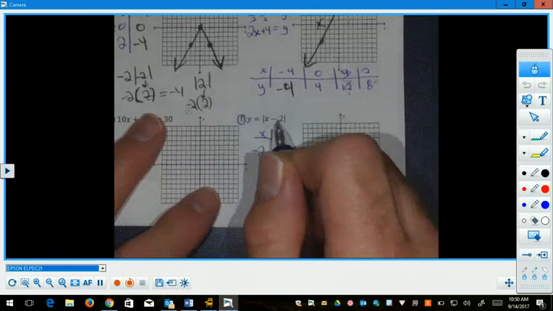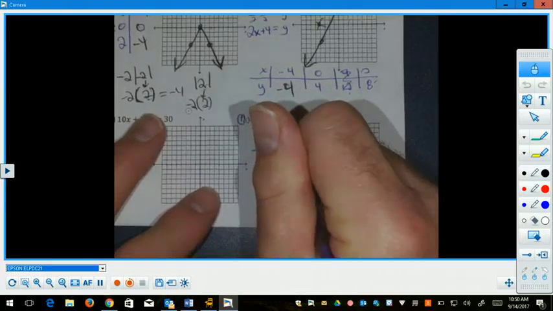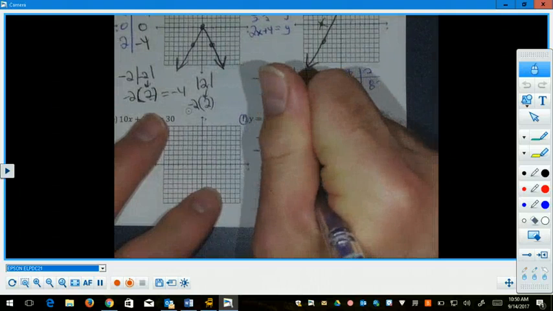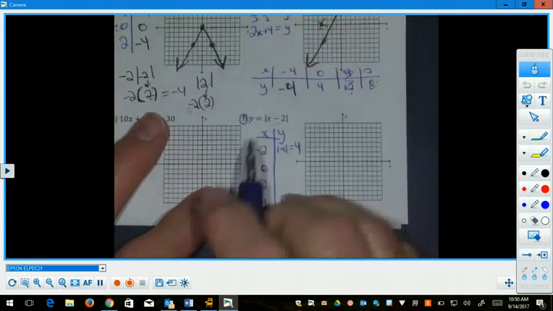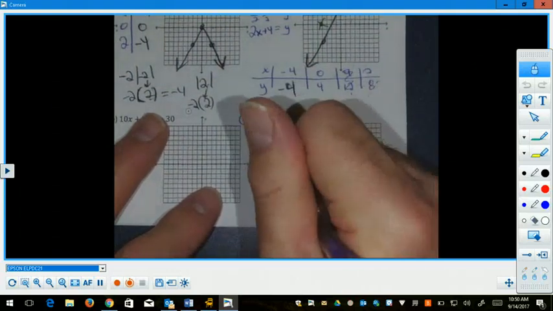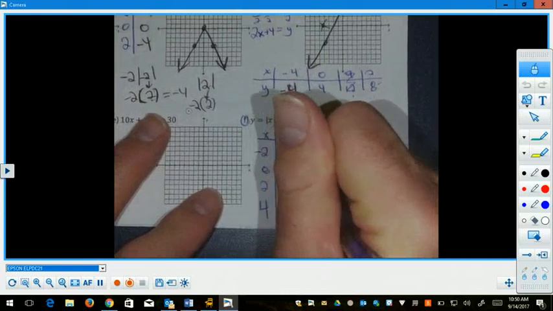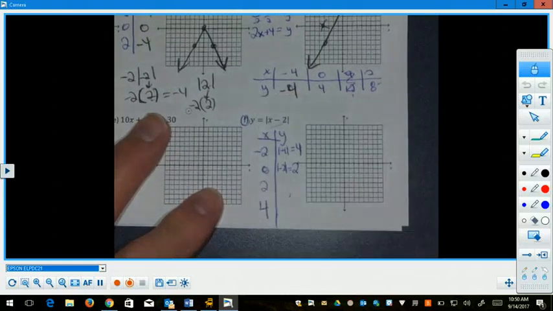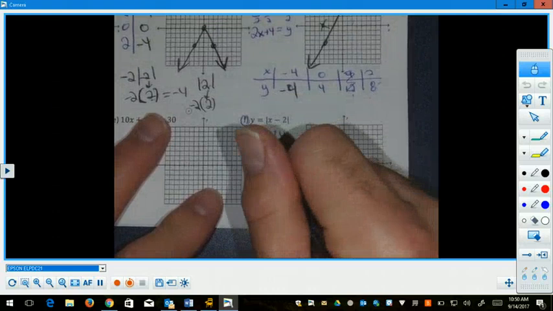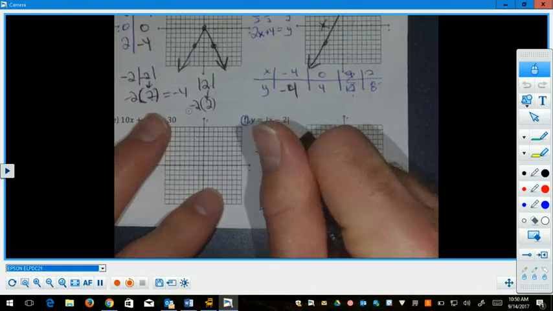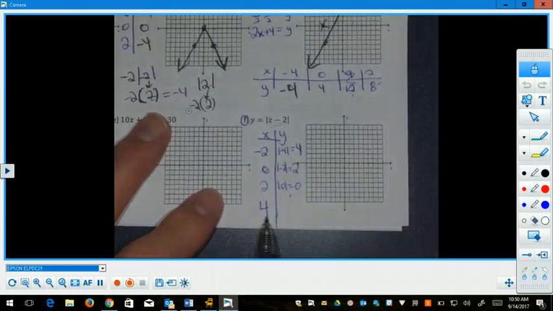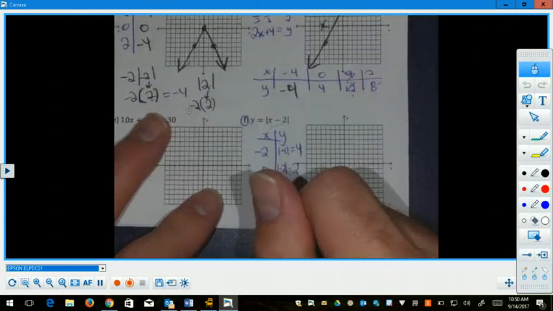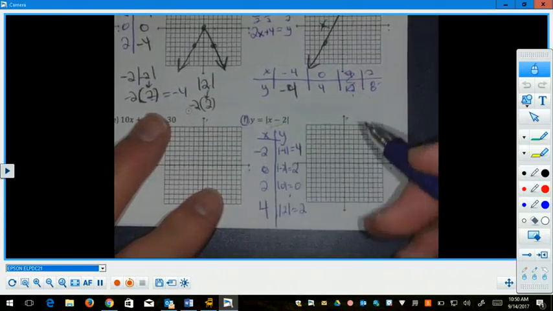So I've got -2 minus 2, which is -4. And the absolute value of -4 is +4. I've got 0 minus 2, that's the absolute value of -2, which is 2. 2 minus 2 is 0, the absolute value of 0 is 0. 4 minus 2 is 2, the absolute value of 2 is 2.